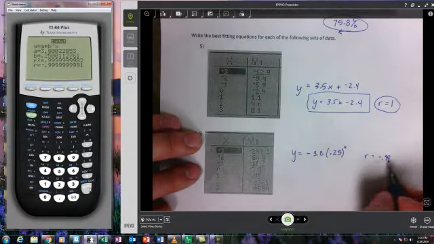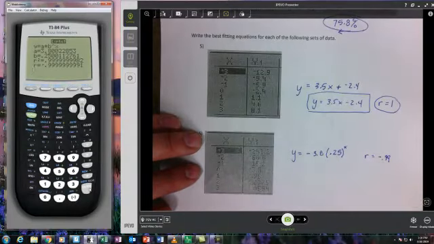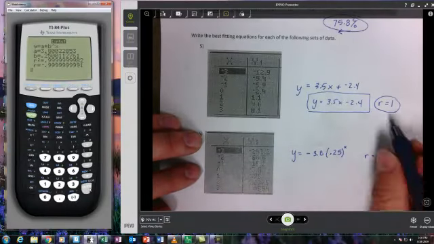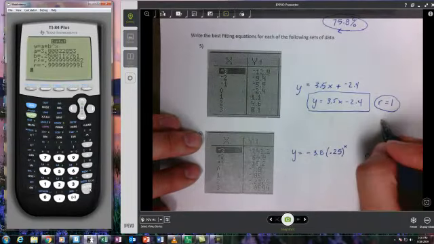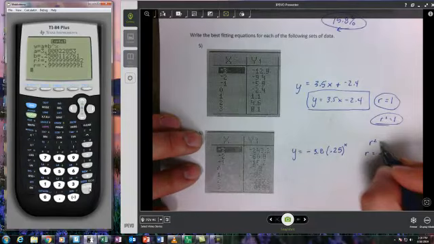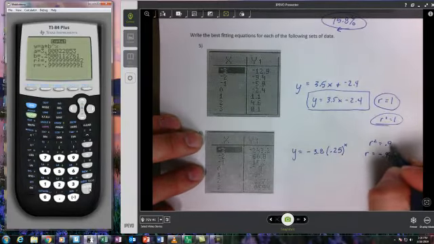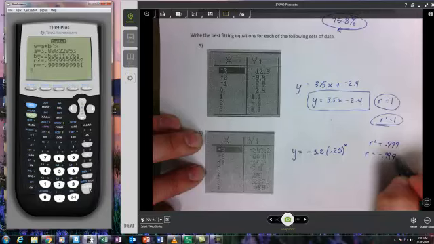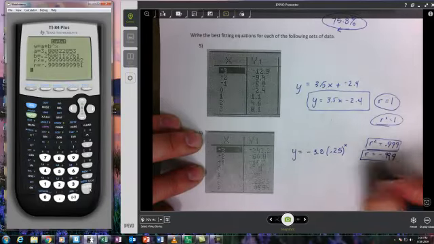So this is a case where maybe you want to compare r squared values, because these look like they're very different. The r squared here was 1. The r squared here is a positive 0.999. And so what that does for me is it allows me to compare the goodness of fit between different values.